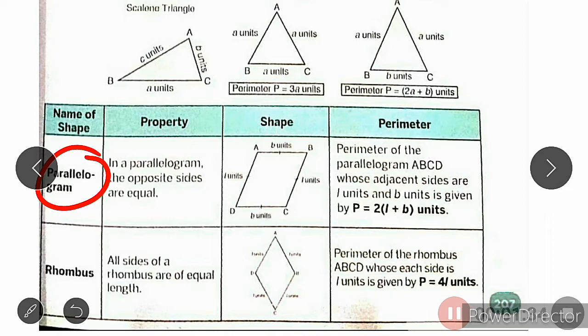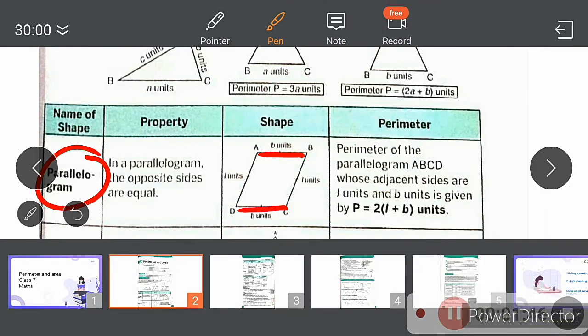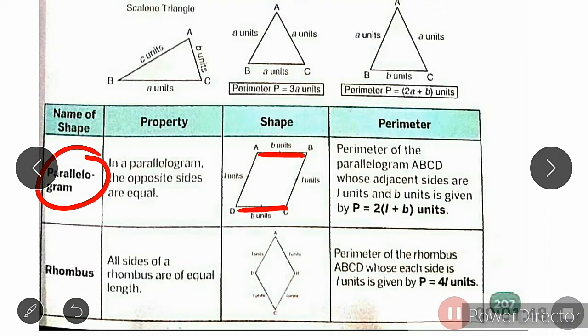Over here we have the shape also given, right? Here we can see that the breadth is 2 and the length is 2, so it is 2 into length plus breadth. This is how we can find the formula, by seeing the shape and the figure.